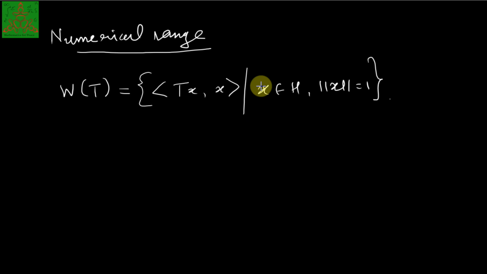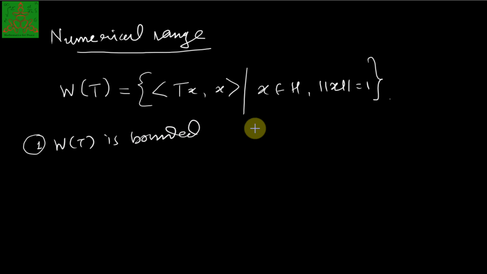The first result on this numerical range is that it is always a bounded set, and that set is always bounded by norm T.